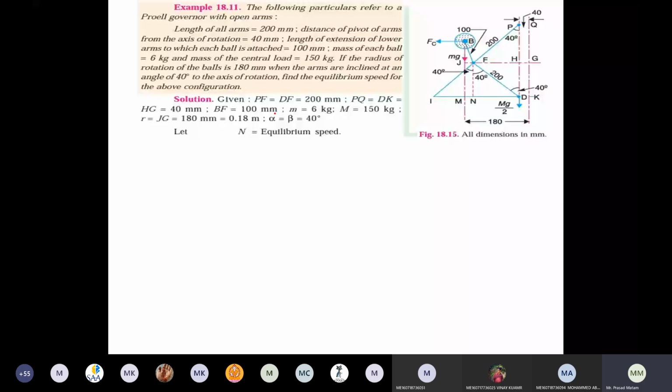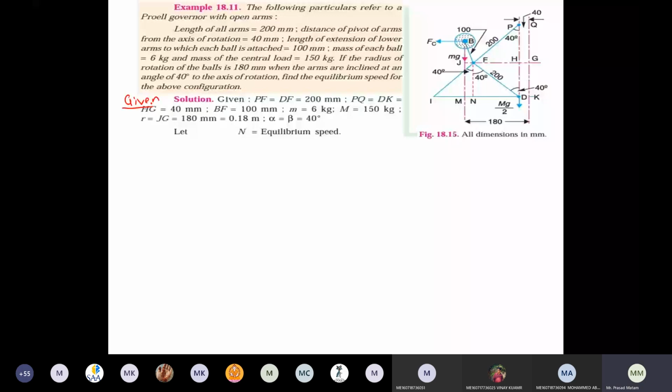Mass of the ball is 60 kg. Central load is 150 kg. And radius of rotation R is equal to JG, which is equal to 180 mm. Angle alpha is equal to beta is equal to 40 degrees. And let us find out the equilibrium speed N value. This is the given data.